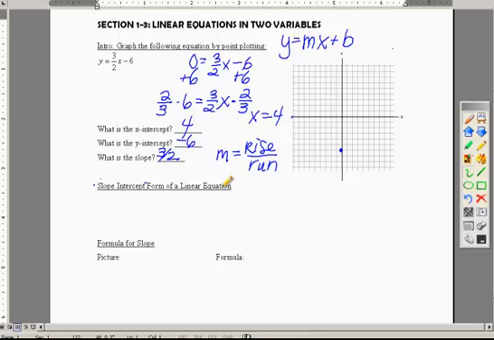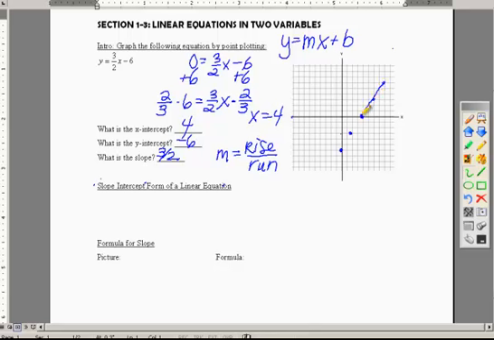And so the 3 is positive for our slope, which means I'm going to move up 3. And the 2 is positive, which means I'm going to move right 2. And so this is the new point that I get. And I'm going to keep doing it as long as I can. So up 3 over 2, I plot a new point. Up 3 over 2, I plot a new point. And I continue to keep going until I can't do that anymore.